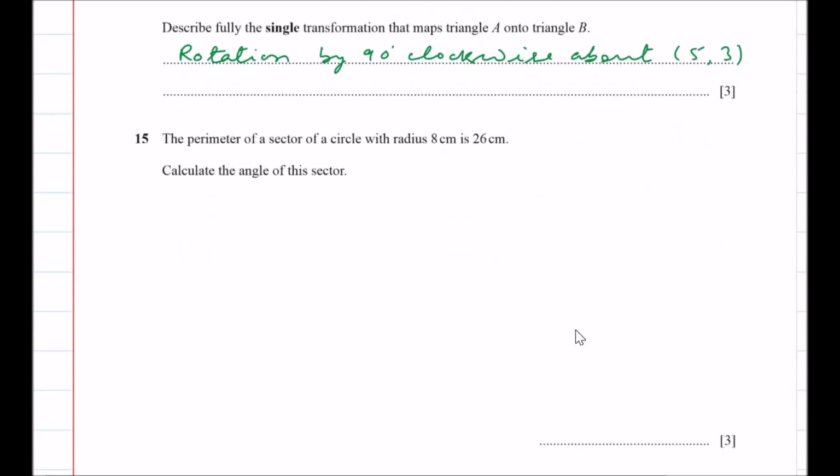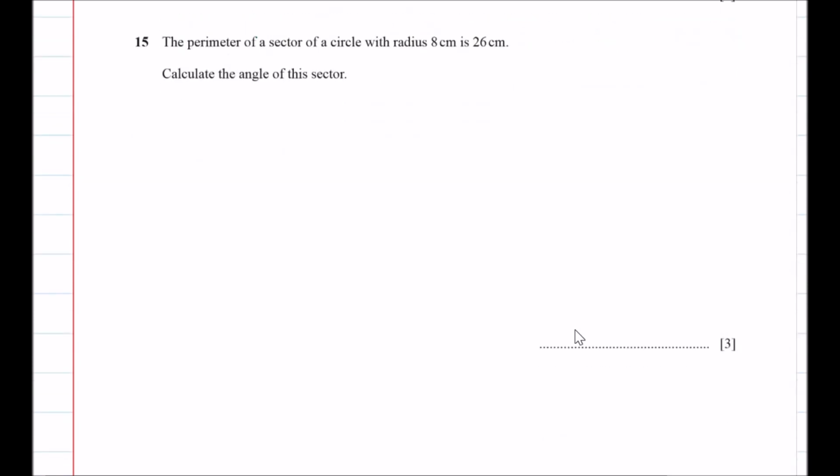Okay. Now, question number 15. The perimeter of a sector, circle with radius 8 centimeter, is 26 centimeter. Calculate the angle of this sector. So let us draw a rough diagram here.